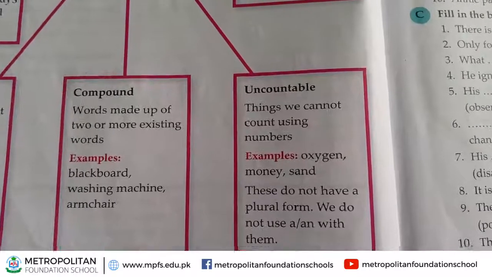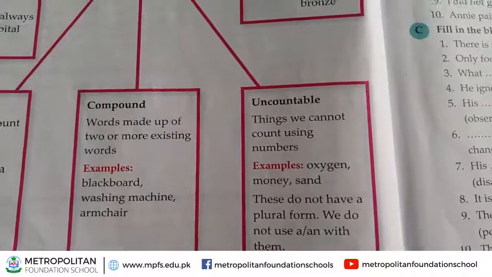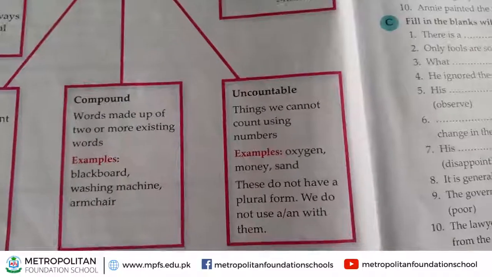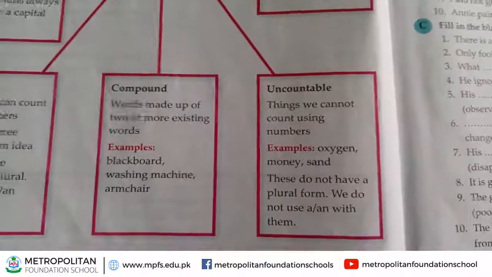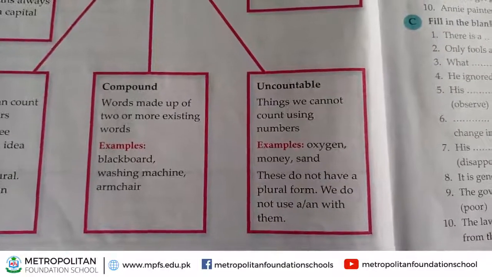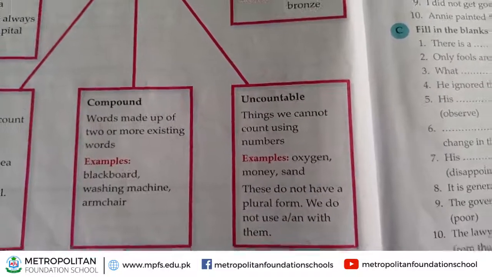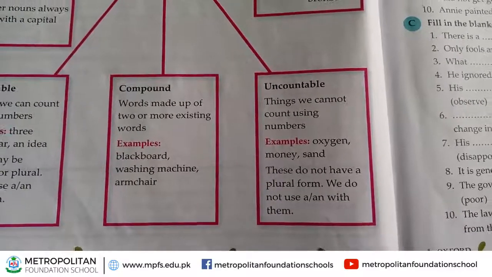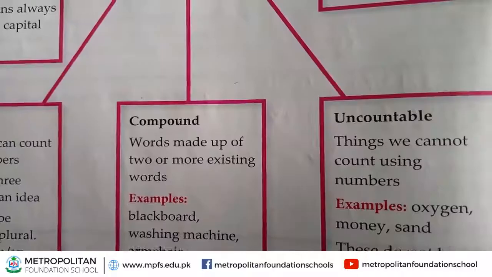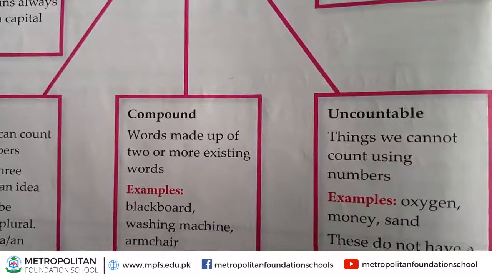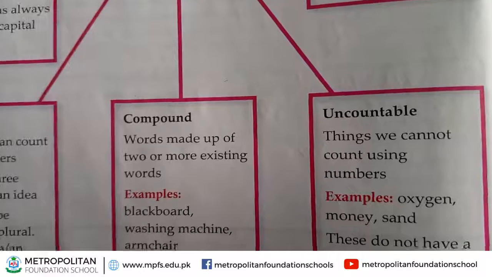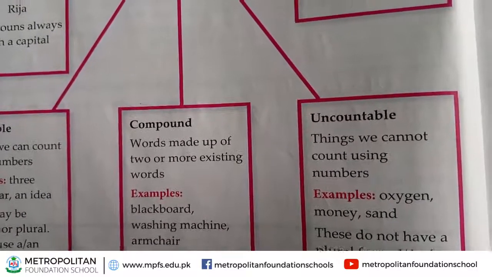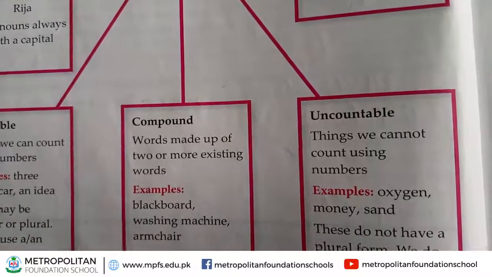These are all uncountable because we cannot count them. They cannot be in plural form, and we do not use a and an with them.